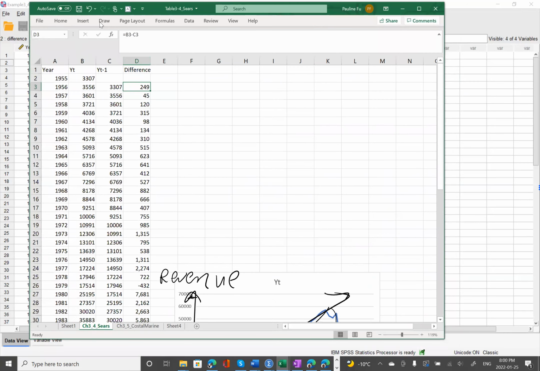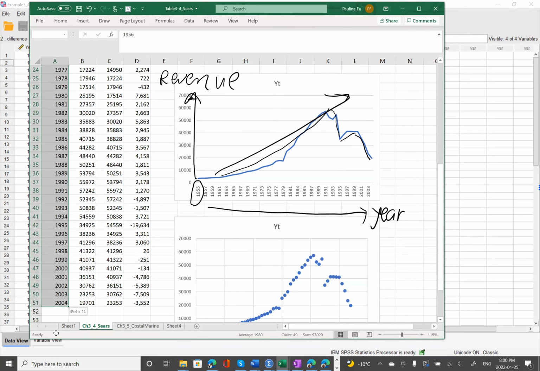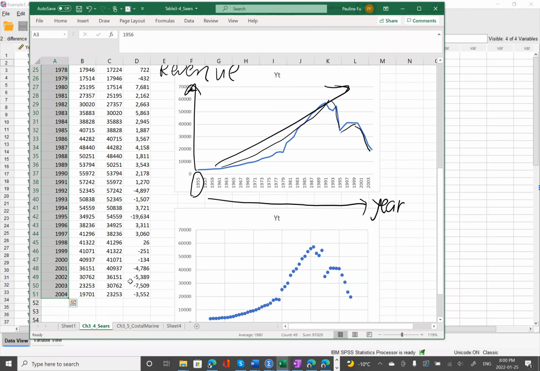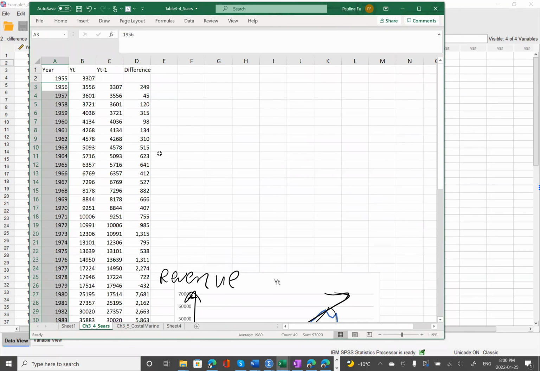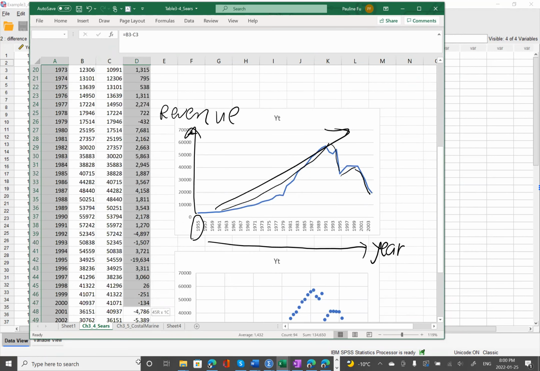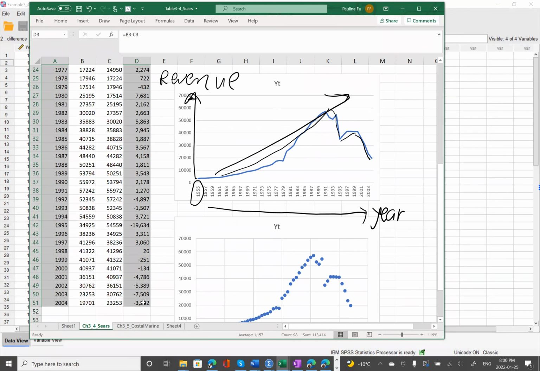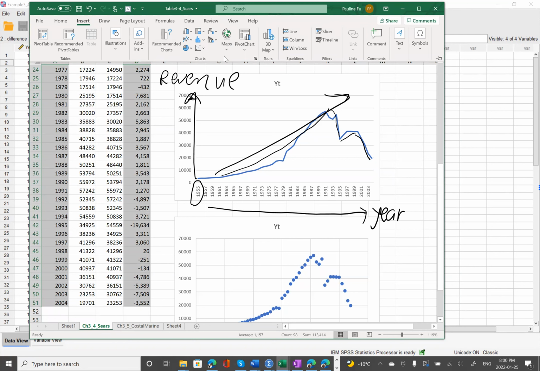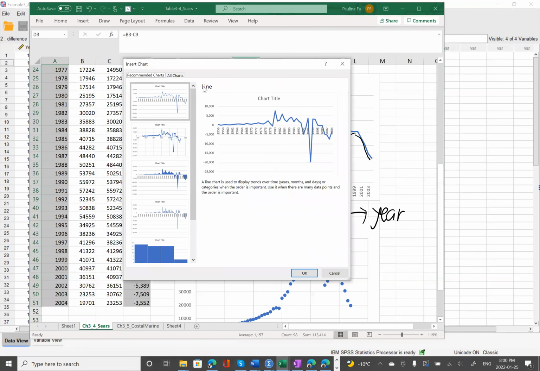So select this number, press and hold down Control, which allows you to select non-adjacent numbers. And then insert line chart.